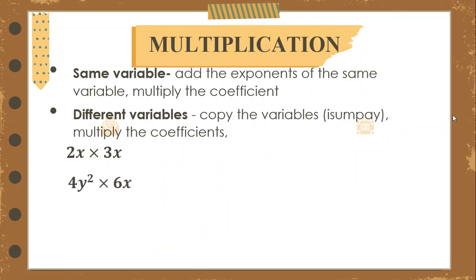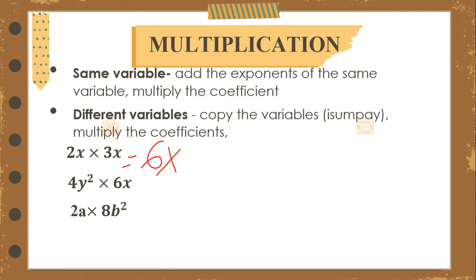Now, multiplication has a different rule from addition or subtraction. It doesn't matter whether they are like terms or not. Same variable, add the exponents of the same variable, and multiply the coefficients. So, 2 times 3 is equal to 6, and then x.